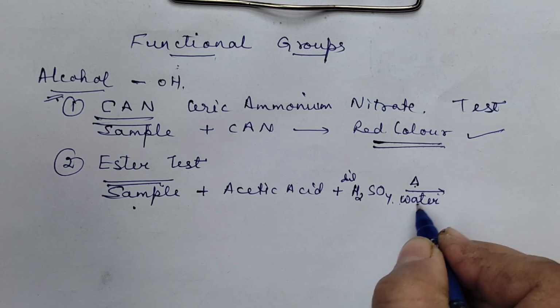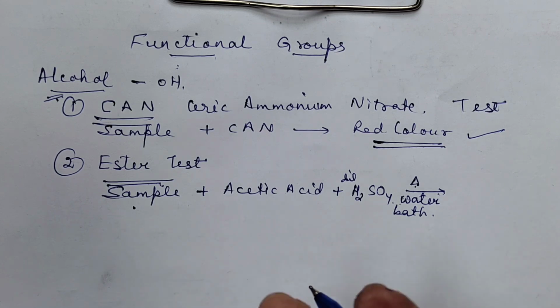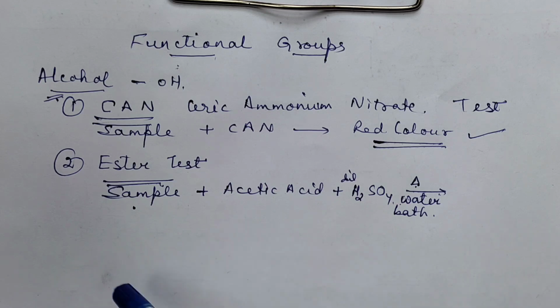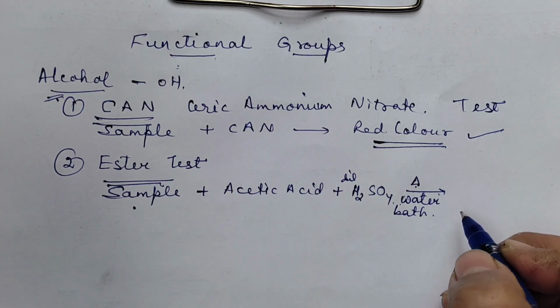This is very, very important, children. Please do not make this mistake. So heat it in a water bath. In a water bath, you keep water and heat the water and then keep the test tube in that water. So indirectly you are heating it. You do not heat directly. That also you have to keep in mind, right?